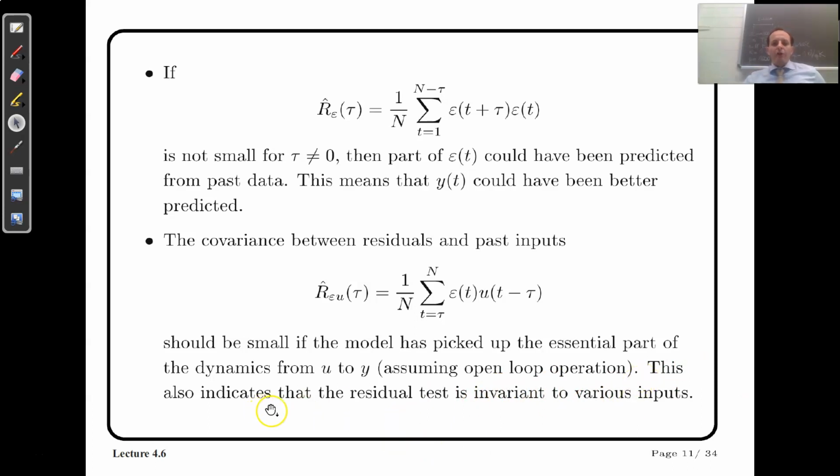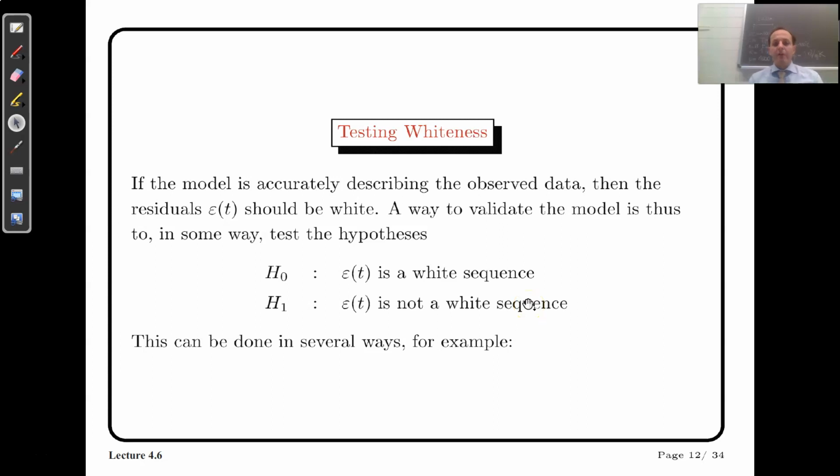This also indicates that the residual test is invariant to the various inputs. That is a very important result. So we need to test the whiteness of your residual. If the model is accurately describing the observed data, then the residual should be white. A way to validate the model is just to test this whiteness, to perform a whiteness hypothesis test.